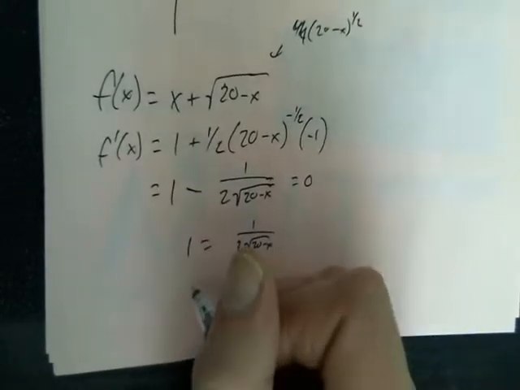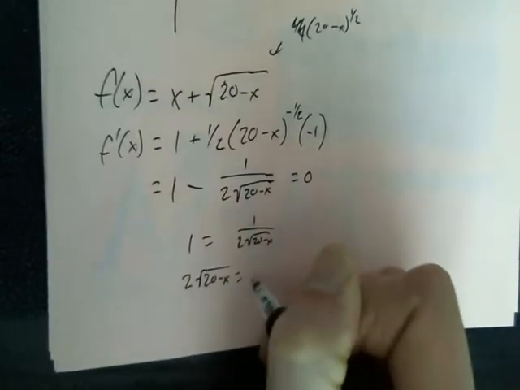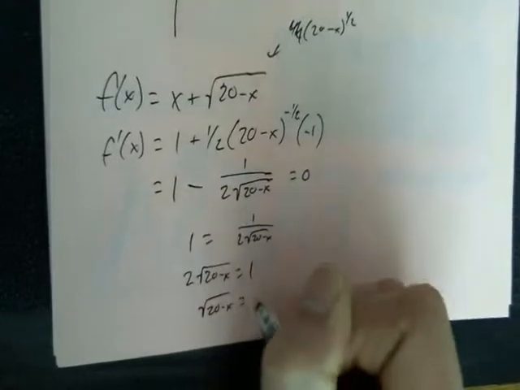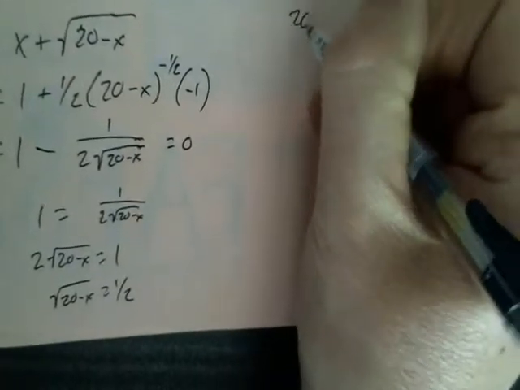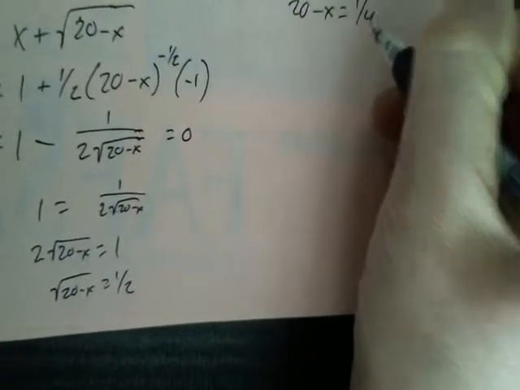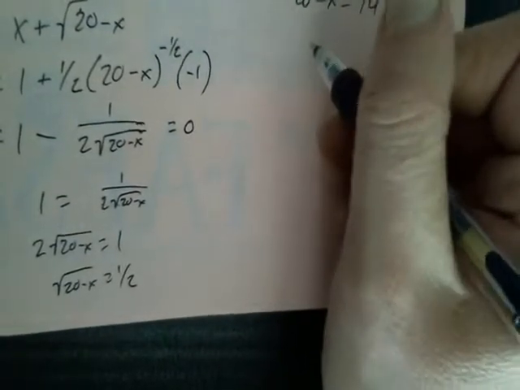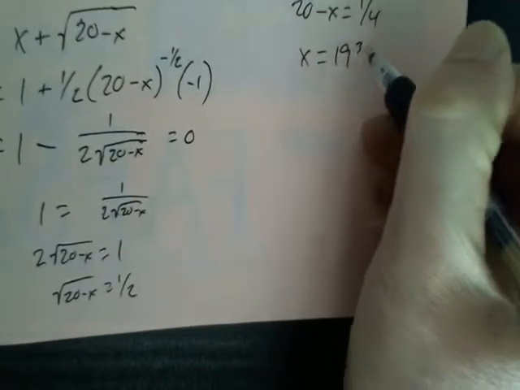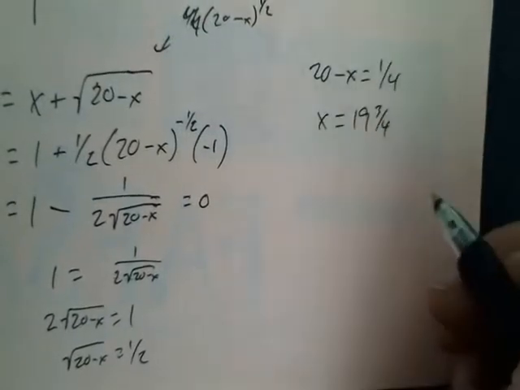That means that 2 times the square root of 20 minus x equals 1, and that means that the square root of 20 minus x equals 1/2. Squaring both sides, we get 20 minus x equals 1/4. That means that x equals 19 3/4. So 19 3/4.